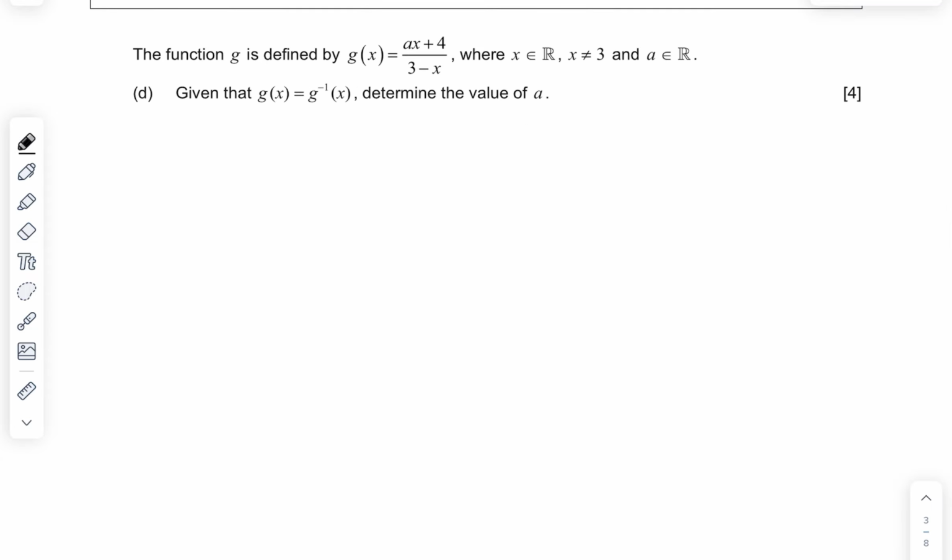Function g is defined by this, given that g is equal to the inverse of g, so I need to make this equal to the inverse. Let's find the inverse. Swap the x and y's: x equals ay plus 4 over 3 subtract y. Make y the subject, multiply by 3 subtract y.